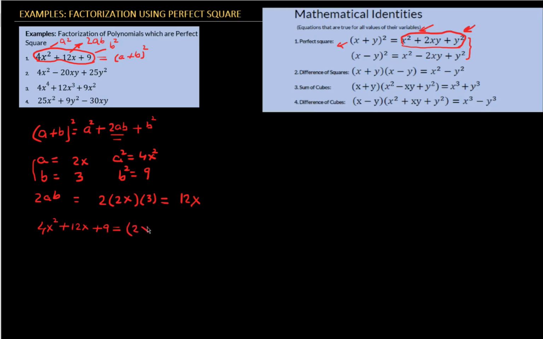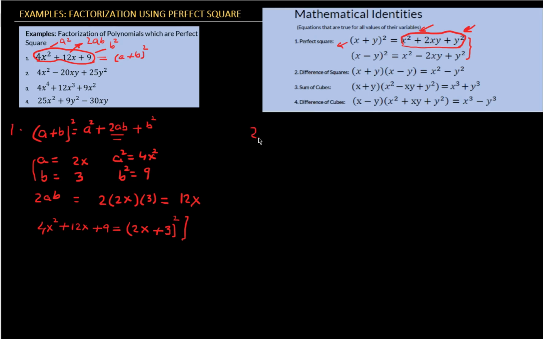A is 2x and b is 3. So we have factorized the polynomial because this is a factored form. So this was example 1.